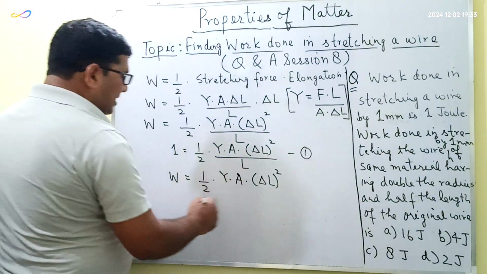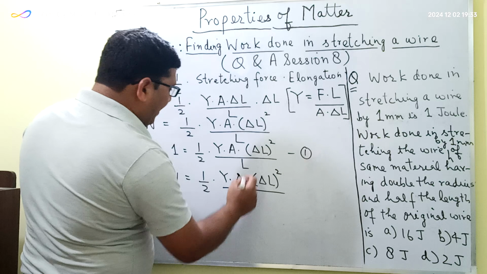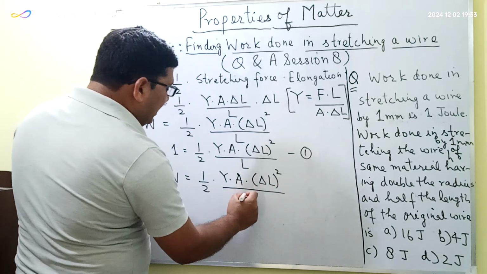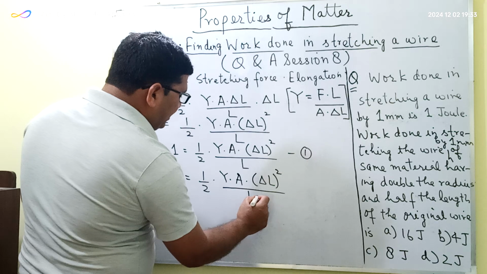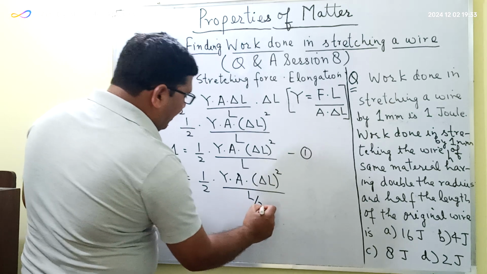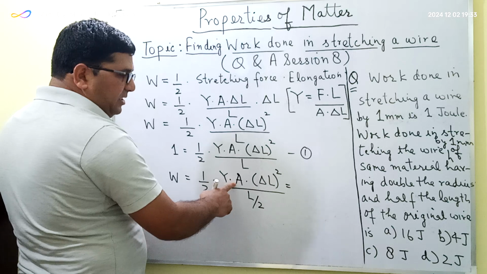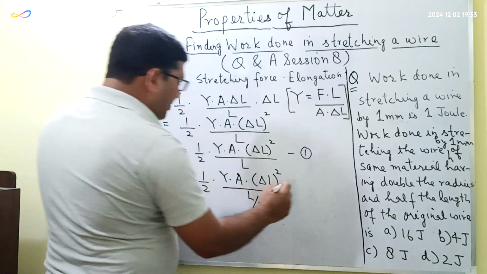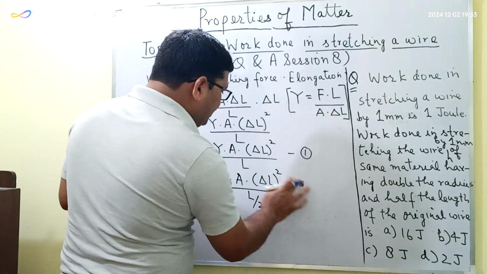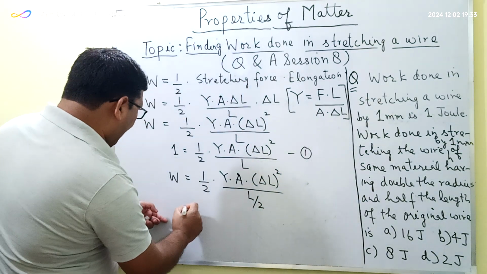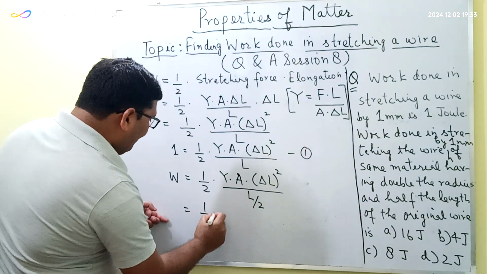And in the second case, the length of the wire is reduced by half. So this equation can be written as 1 by 2 into Y.